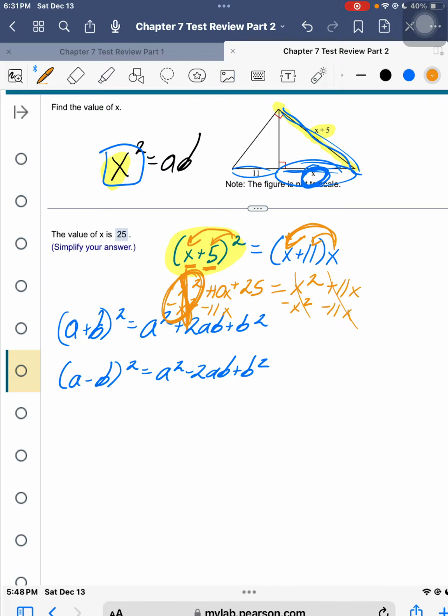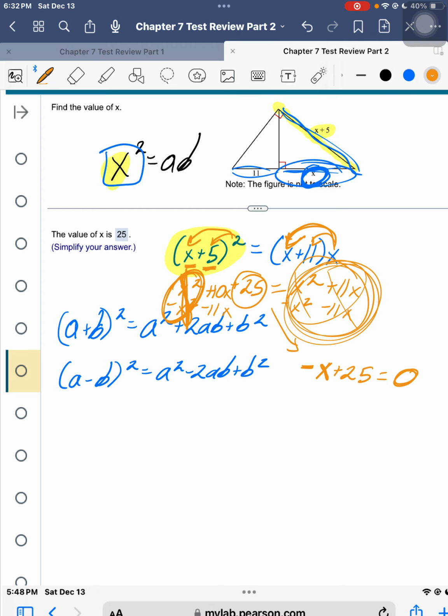So now, what is positive 10x minus 11x? Well, that's going to give us negative x, and then this 25 drops, plus 25 equals, what goes over here? Just 0.